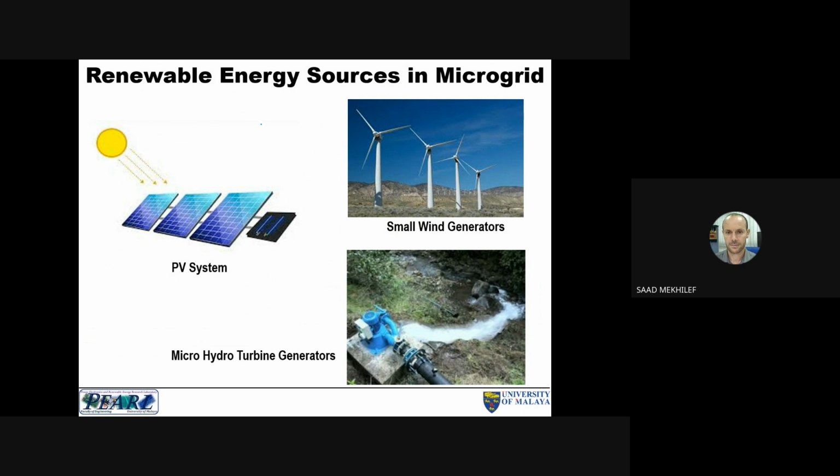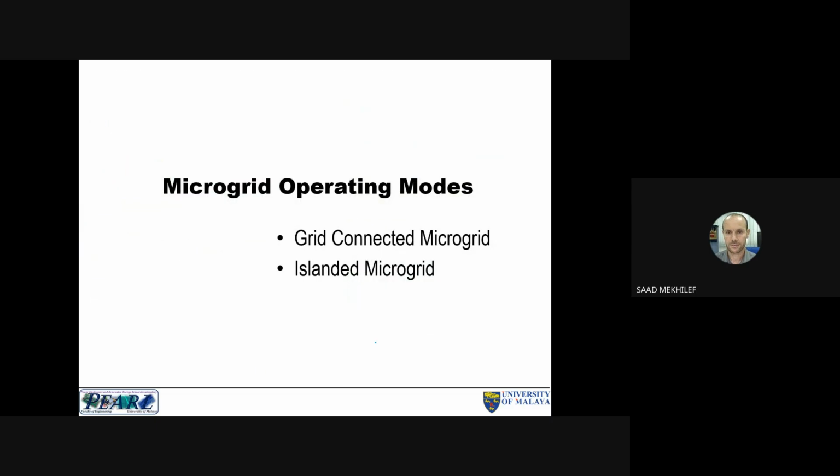As I mentioned yesterday, one of them is photovoltaic, and the wind, if we have it. And this is what I mentioned yesterday about micro hydro or run of river. You can see this is a micro hydro system, which can be used as a part of the system. So these are some of the renewable energy resources that we can use.